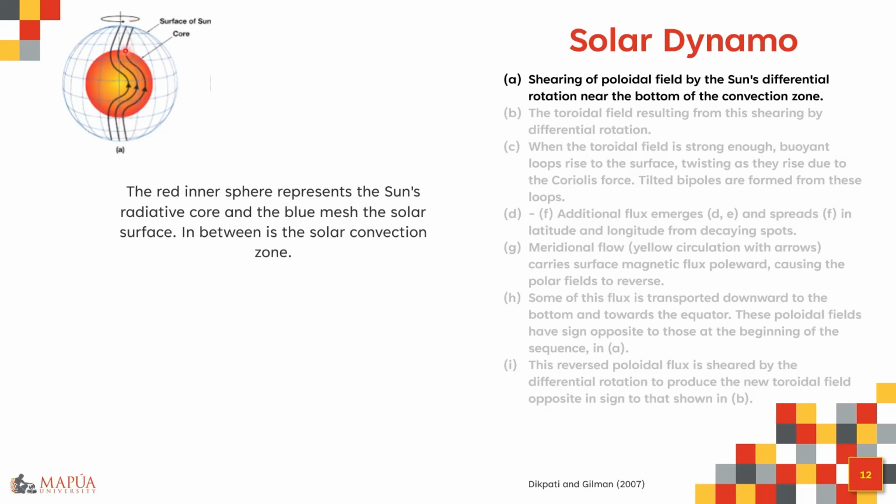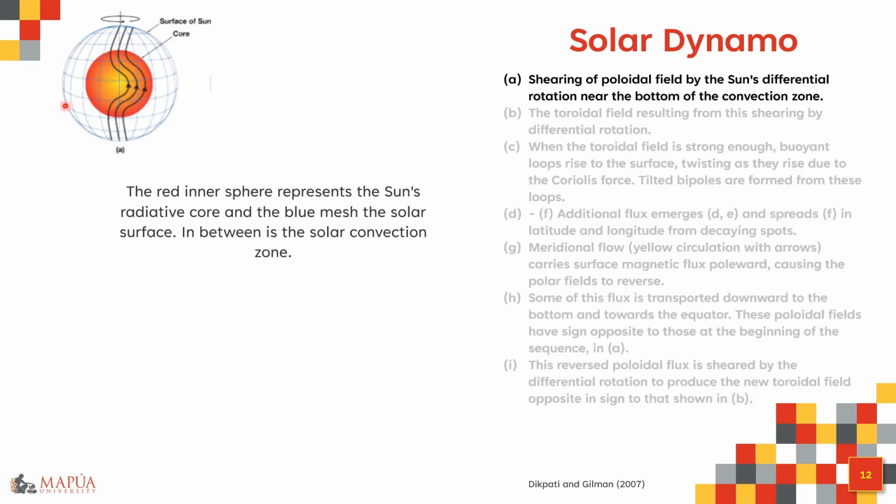So by the way, this is a schematic diagram from Dikpati and Gilman 2007 showing the boundary of the core of the sun and then the surface of the sun. And in between them are your radiation and convection zone.